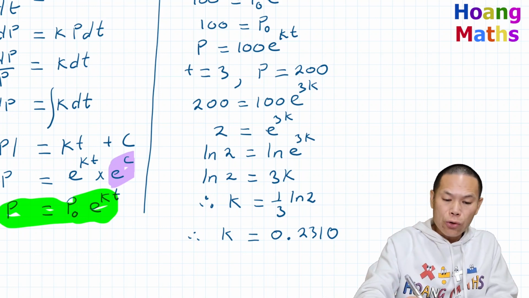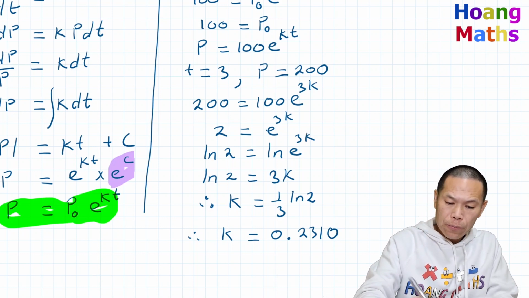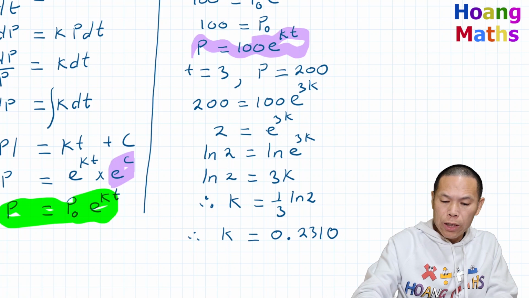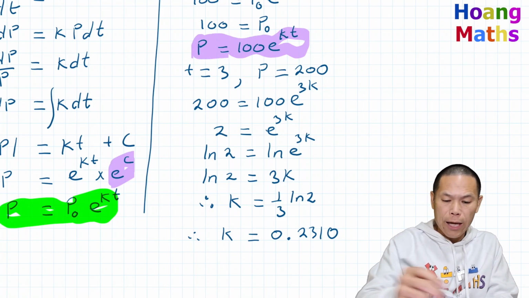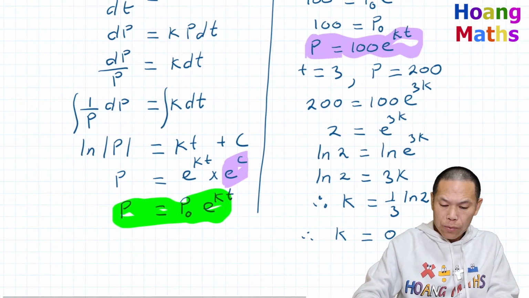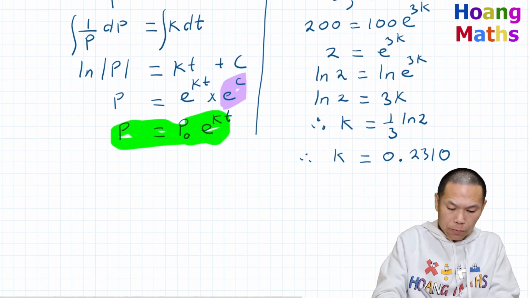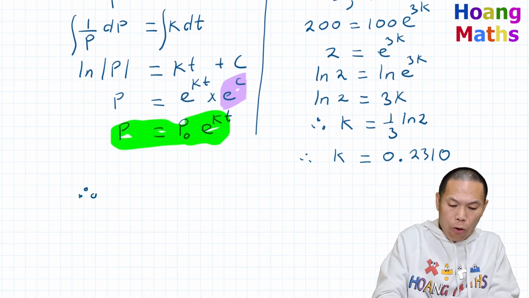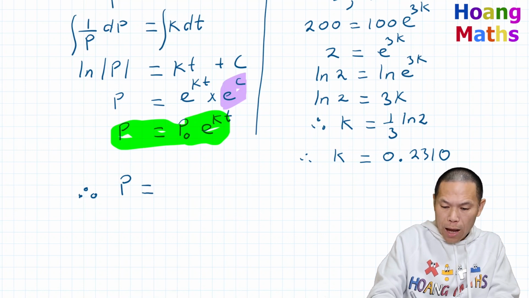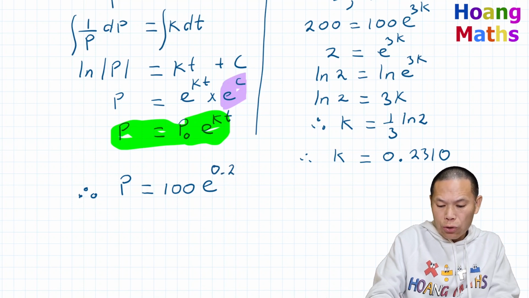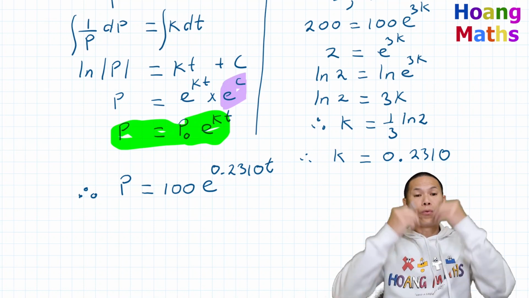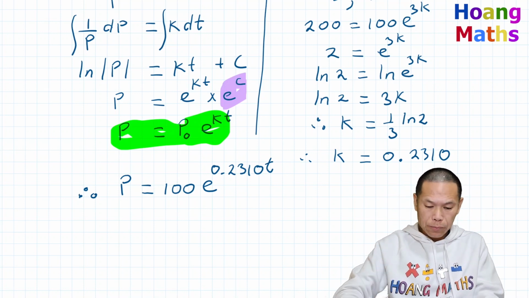So now the actual equation is this, but we need to substitute the value in for k. So therefore P is 100 e to the 0.2310 t. So there you go.